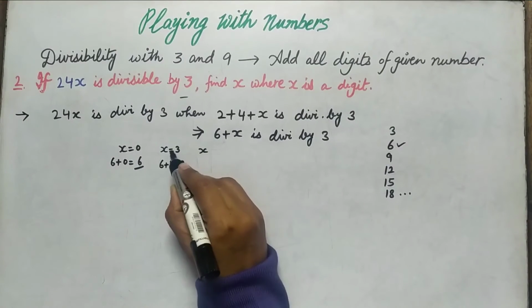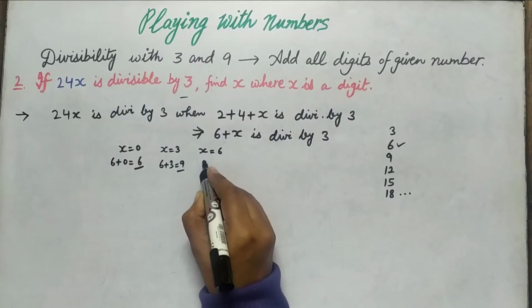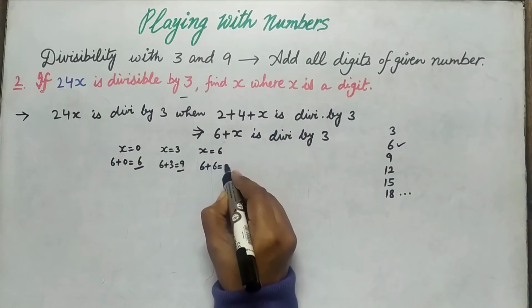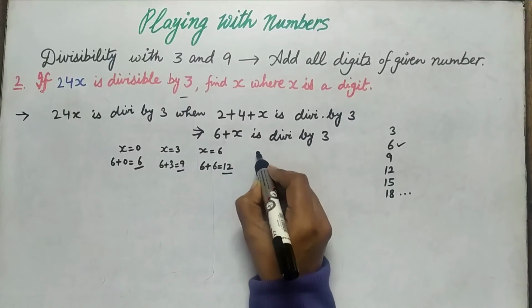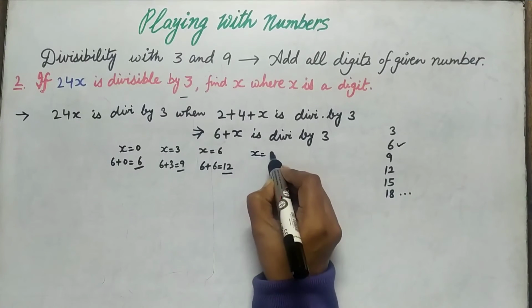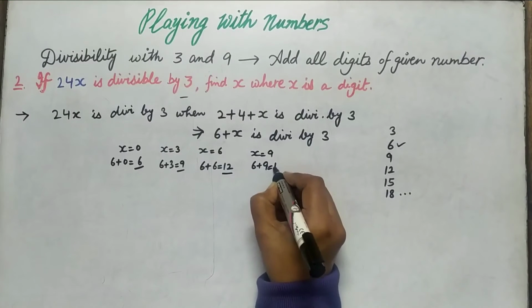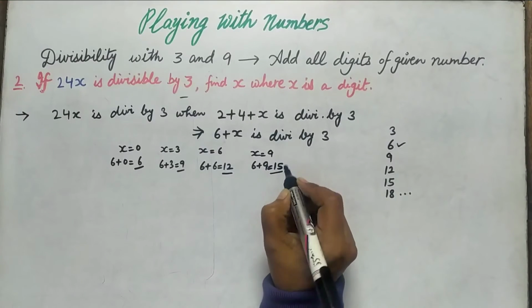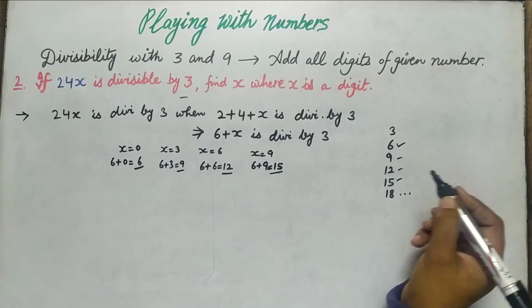Next we can put 3 plus 3 more, 6. This becomes 6 plus 6, 12. Again correct. Next we put x is equal to 9. It becomes 6 plus 9, 15. 9 is also a correct value because 15 is there in the table.